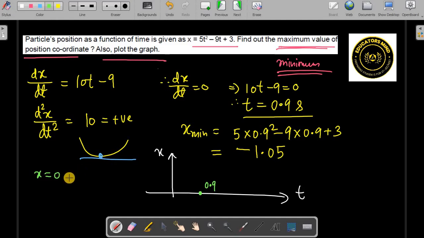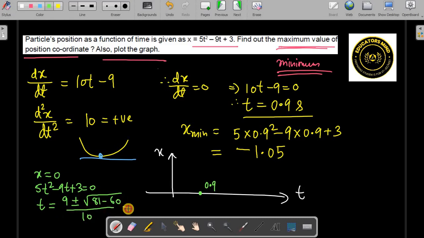So what will it be? 5t squared minus 9t plus 3 is equal to 0. So there will be a quadratic equation. You can calculate minus b plus minus root under b squared minus 4ac, divided by 2a. So b squared is 81, minus 4ac, which is 20 into 3, that is 60, and 2a is 10.